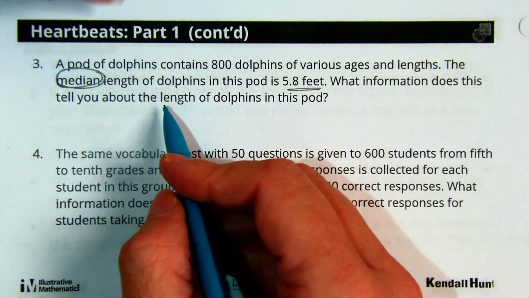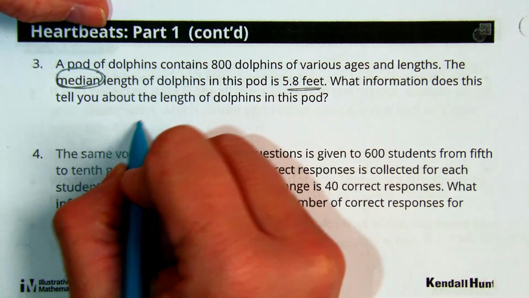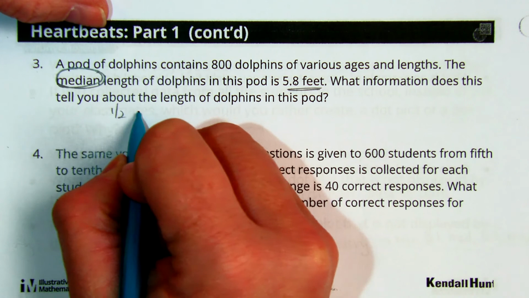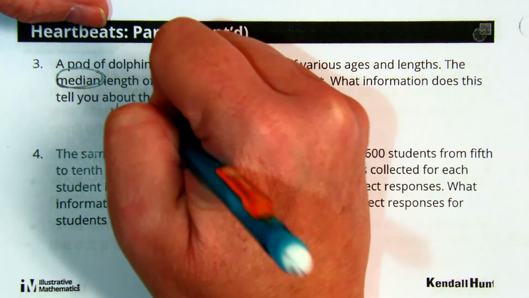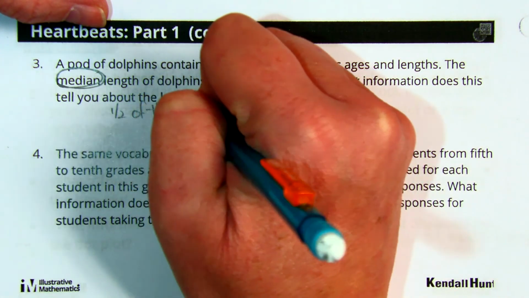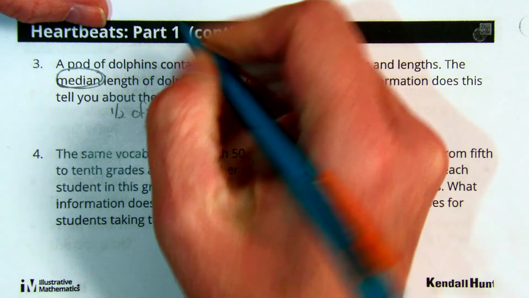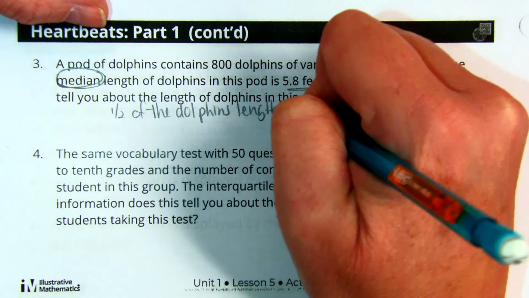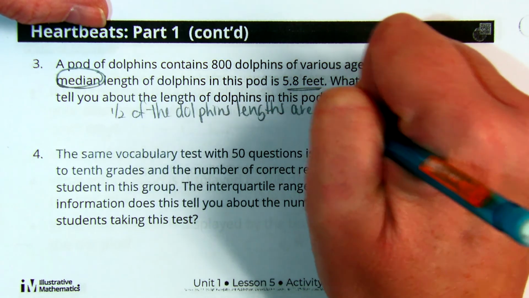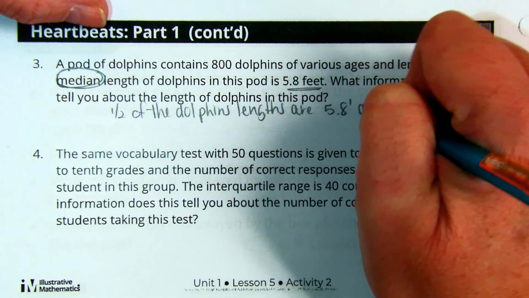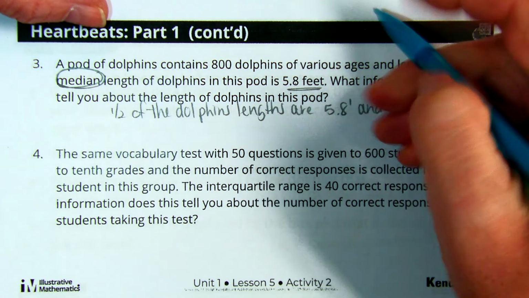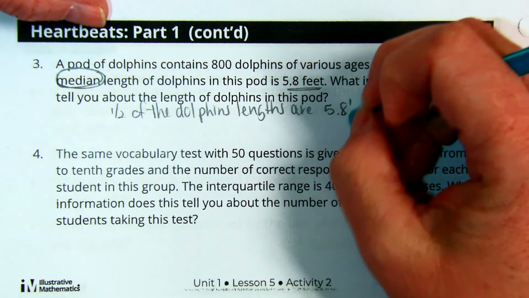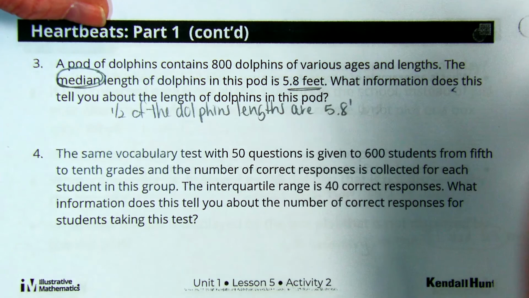So what that means is that half of the dolphins' lengths are 5.8 feet or below.